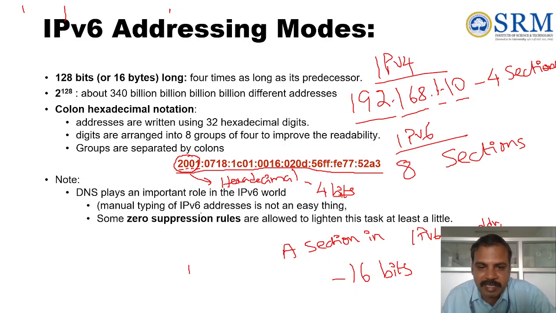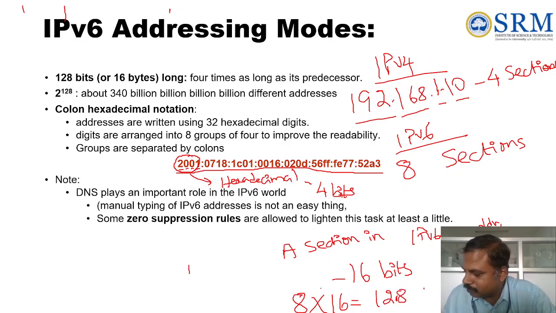And how many sections do we have? 8 sections. 8 into 16 is equal to 128 bits. So totally 128 bits is the length of an IPv6 address.